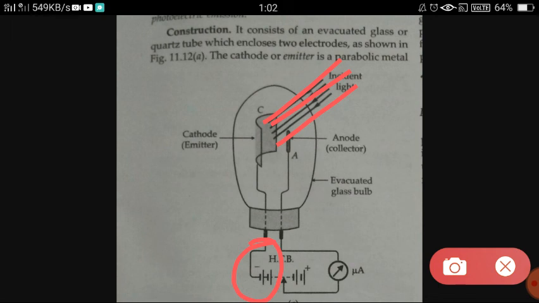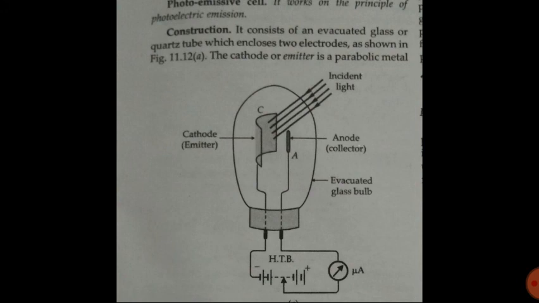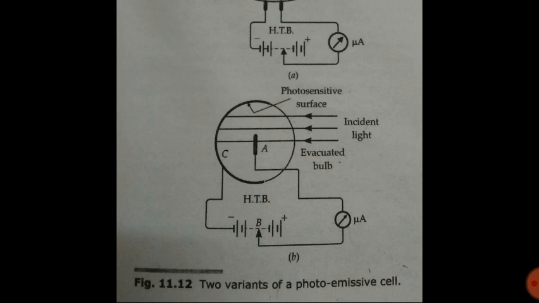Because the anode is at the positive terminal and the electrons coming out from the cathode have negative charge, those electrons get attracted to the positive terminal and start moving towards the anode. So this is the construction and working of this photocell. Here you can see a working diagram is given.